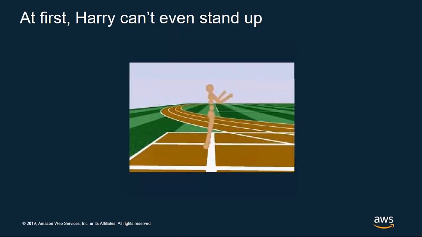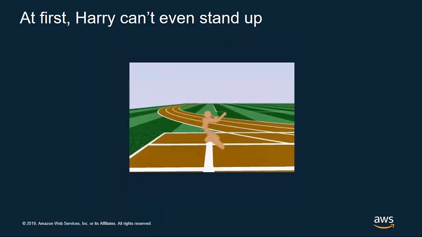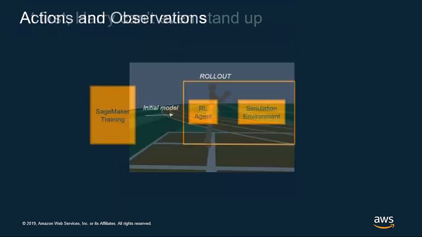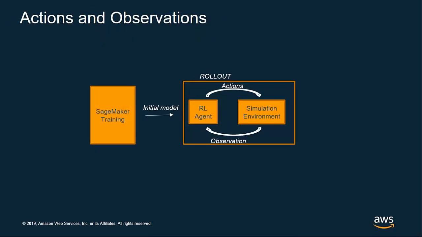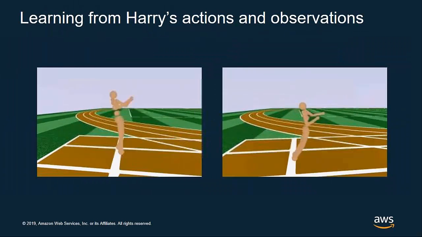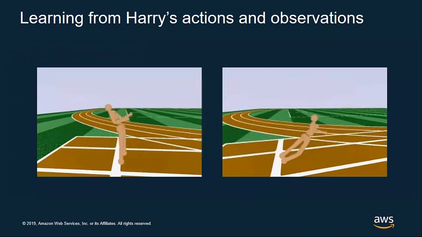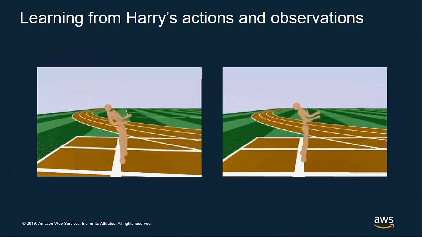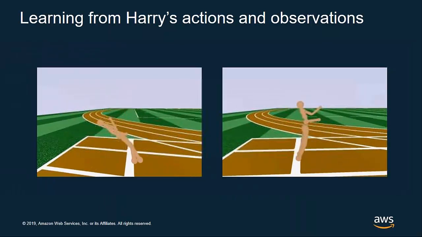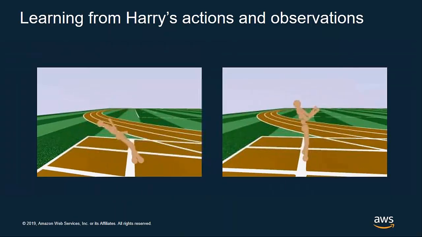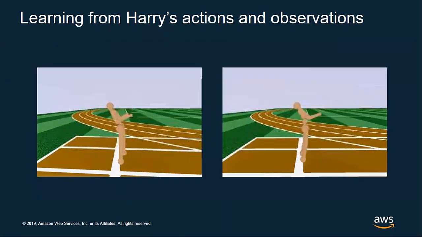But all this data that is being generated from the interactions here as Harry tries to stand up in different ways is instrumental because these actions and observations slowly contribute to developing our learning policy. And you can see that slowly Harry starts learning how to balance, so he's not falling as quickly as we saw in the earlier iteration. But Harry still can't balance and still is not able to walk.